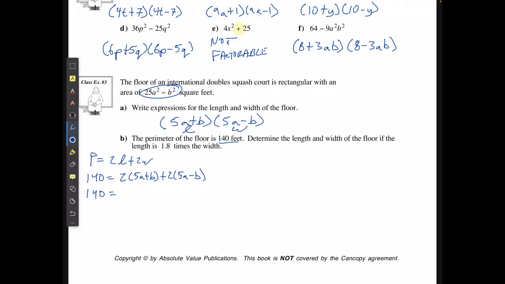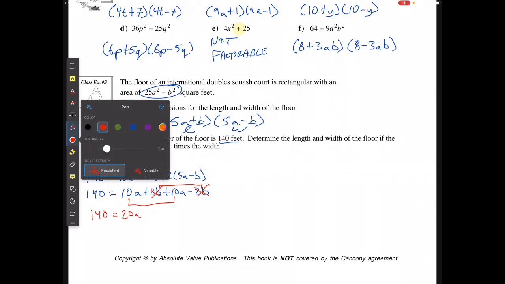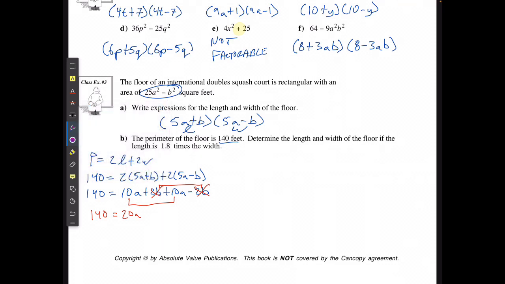140 is equal to 10 a's plus 2 b's plus 10 a's minus 2 b's. And when I combine the like terms, the 10a and the 10a are going to give me 20 a's, and the positive 2b and negative 2b are actually going to cancel each other out, which means that I know right away that I have an equation in one term.